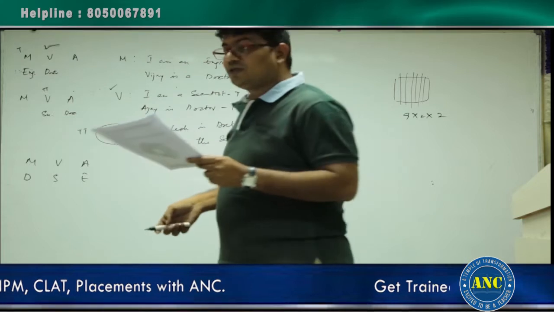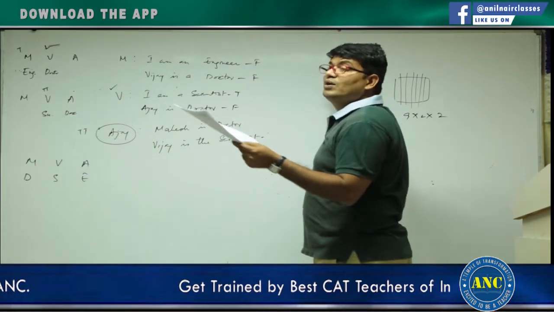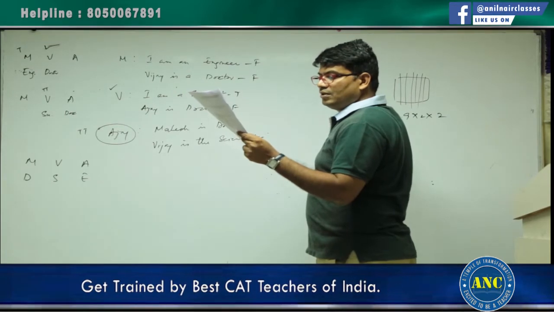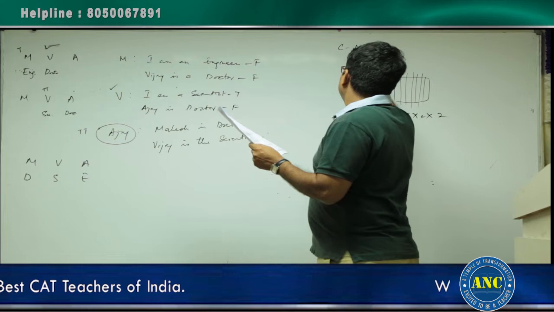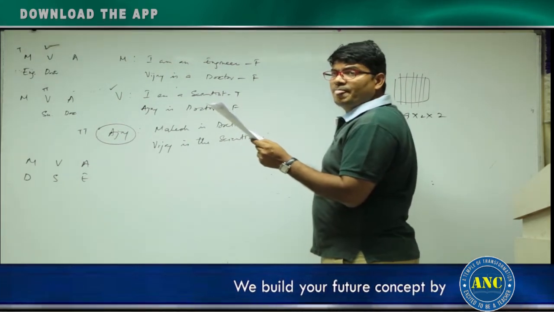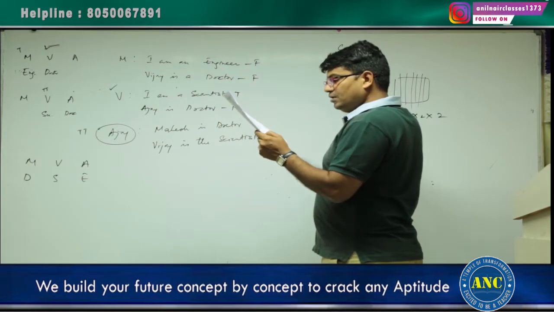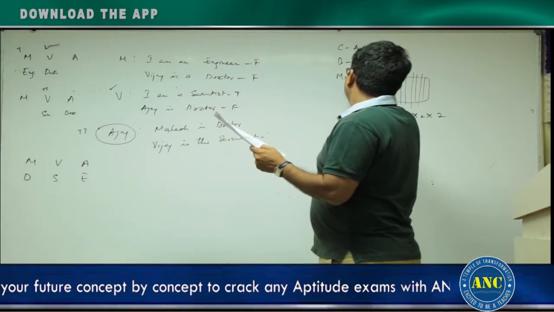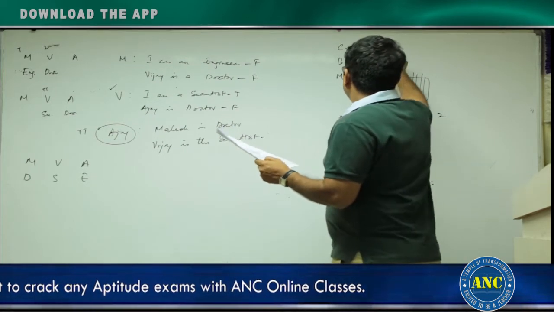Okay, tell me, what are your answers? Fifth one, what's your answer? Anuj. So you're saying the chemistry professor is Anuj. Who is the biology professor? Dinesh. And who is the maths professor? Krishna. And what about you, sir?